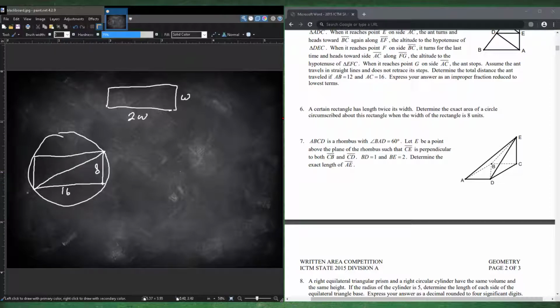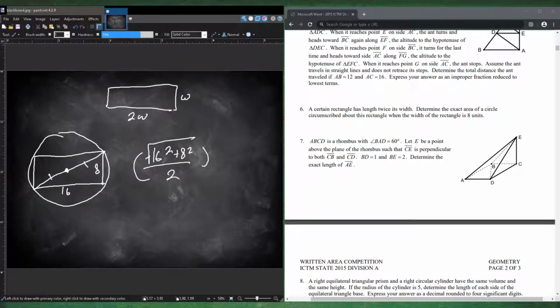That is this hypotenuse. For a rectangle, the diagonal always goes through the center. Since these two lengths are the same, you can just get the hypotenuse and divide by 2. So the square root of 16 squared plus 8 squared, divided by 2, should be the radius of the circle.